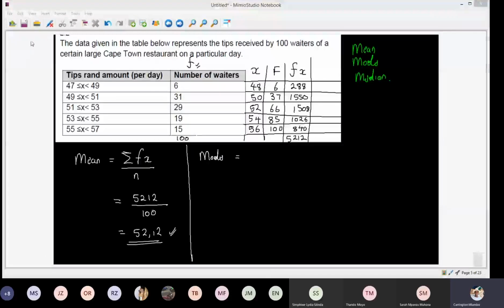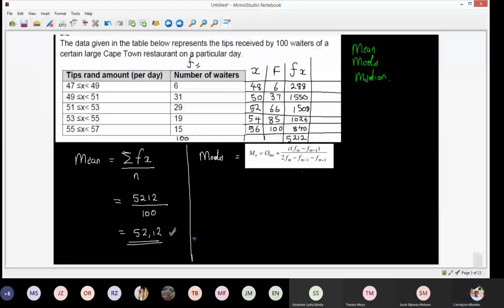I'm just cropping the mode only. So your mode is given by this formula. What is the first step that you have to do when you look for the mode? You look for the highest frequency. That's the first step.